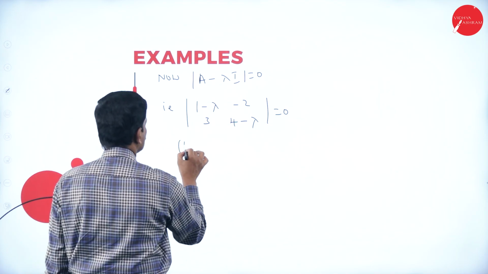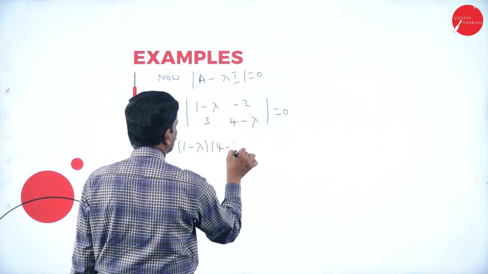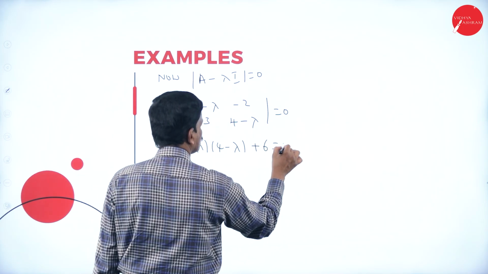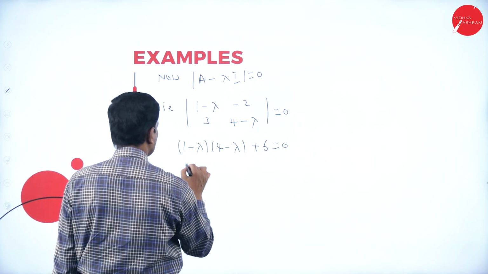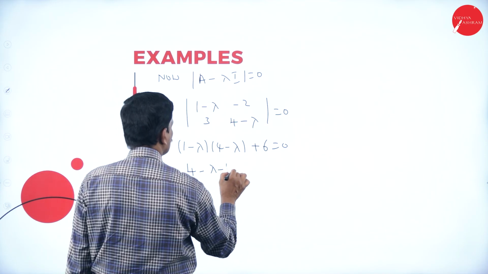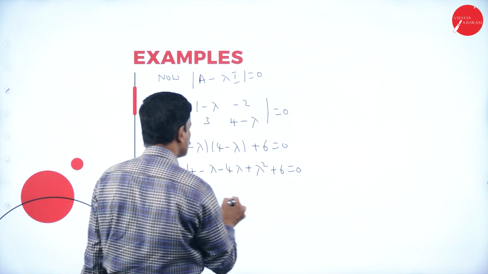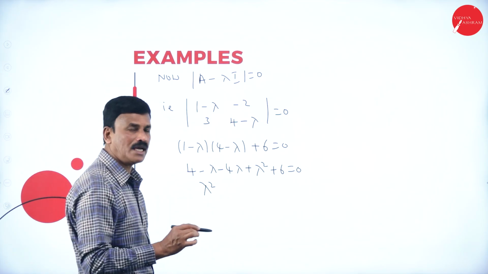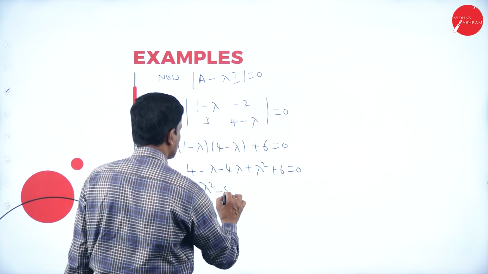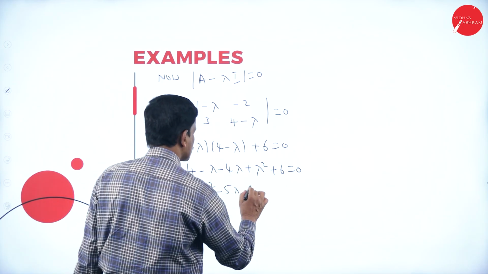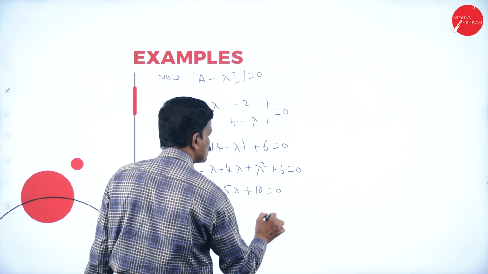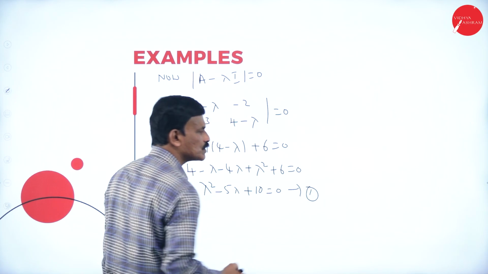What will we get? 1 minus lambda into 4 minus lambda, minus into minus plus, 3 2s are 6. 1 into 4 is 4, 1 into lambda is lambda, minus 4 lambda, plus lambda square, plus 6 is equal to 0. Put it in order: lambda square minus 4 minus 1 is minus 5 lambda, 6 plus 4 is 10, is equal to 0. Let us represent this as equation number 1.